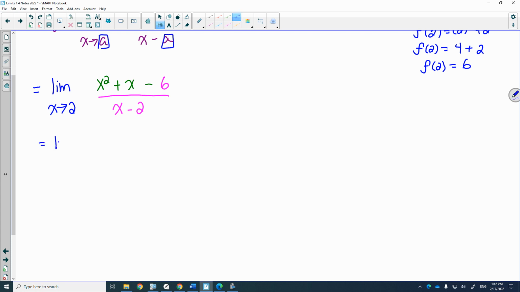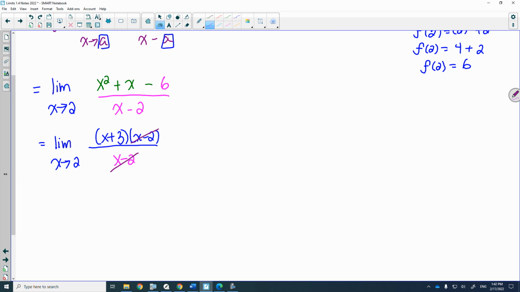So this is going to be the limit as x approaches 2. If you factor the numerator, the two numbers that multiply to negative 6 and sum to 1 would be x plus 3 and x minus 2, all over x minus 2.